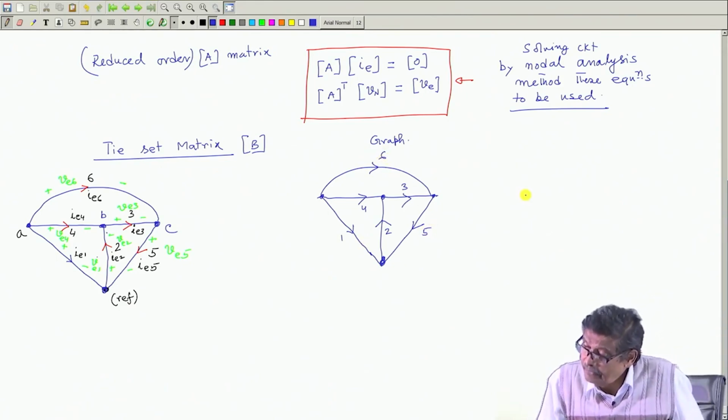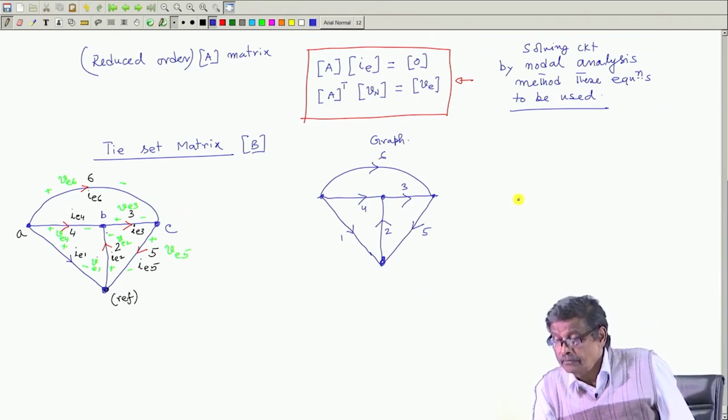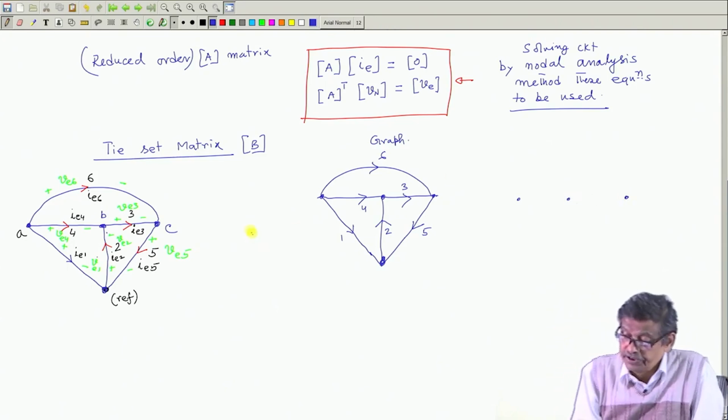Now, note what a tree of this graph is. Tree of a graph we are discussing now.